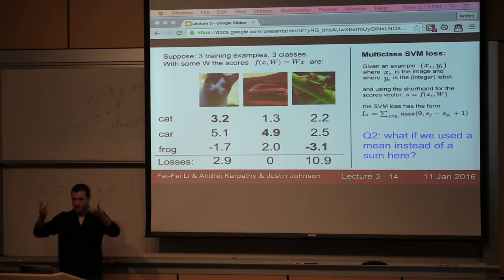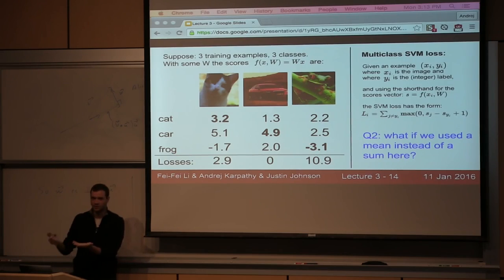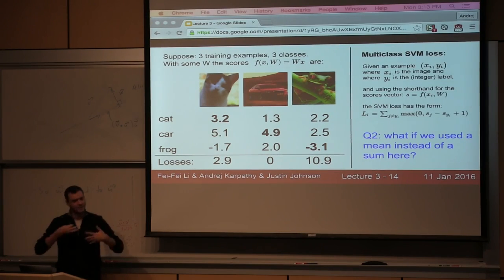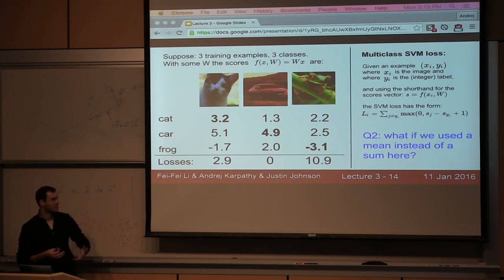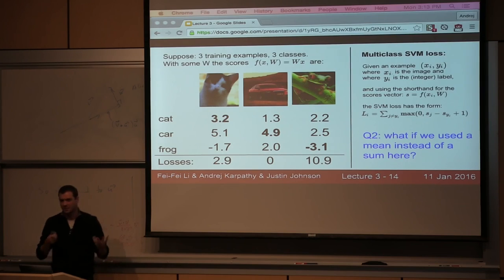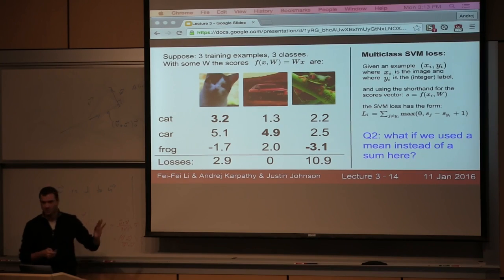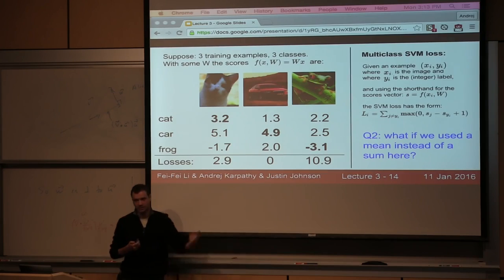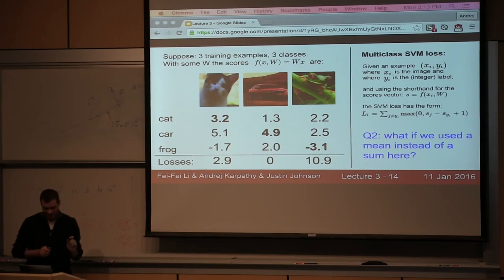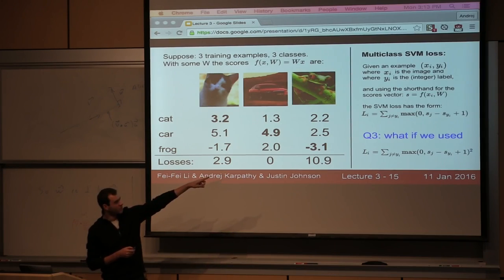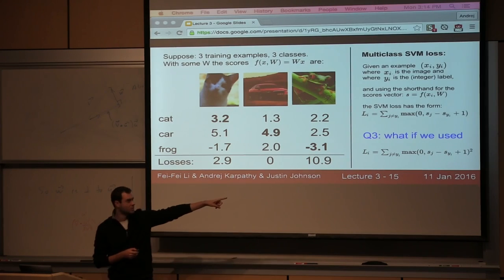So if you're shifting your loss up by 1, or scaling it with a constant, this doesn't change your solutions. You're still going to end up with the same optimal Ws. So these choices are basically free parameters. For convenience, I'm adding a j not equal to yi, and I'm not taking the mean, although it's the same thing. And the same goes for whether or not we average or sum across the examples.